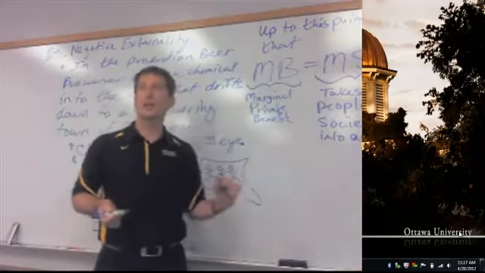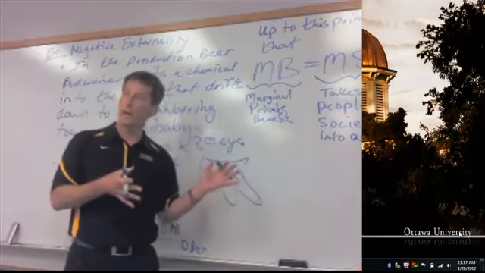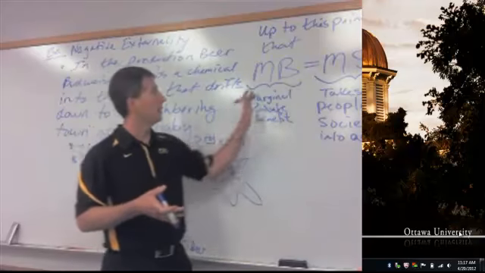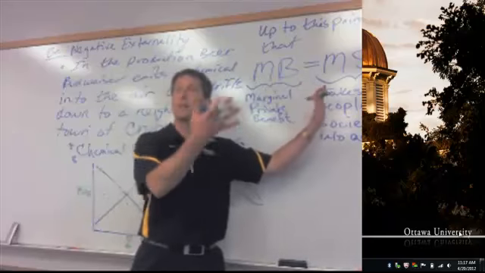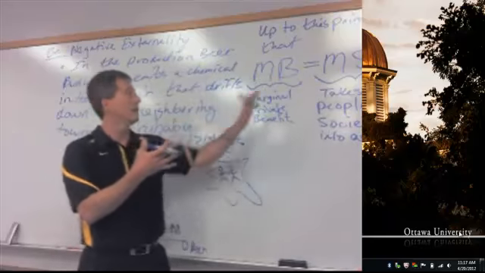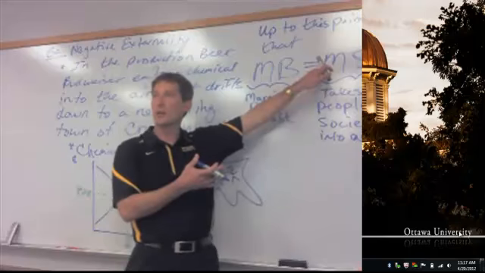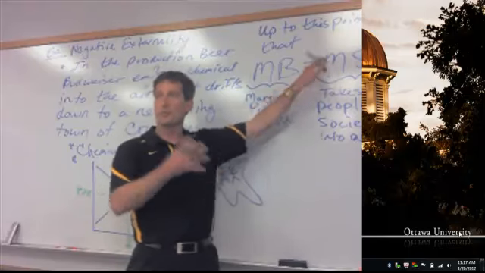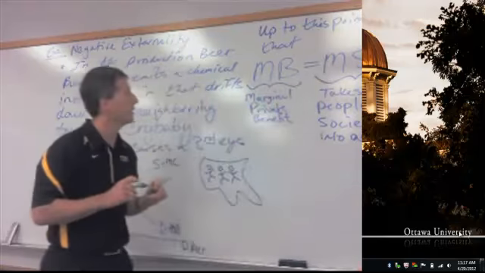Those two things are equal when there's no externality. But when we have somebody else that's being affected by the transaction, this equal sign no longer holds true. We broke the link to that.